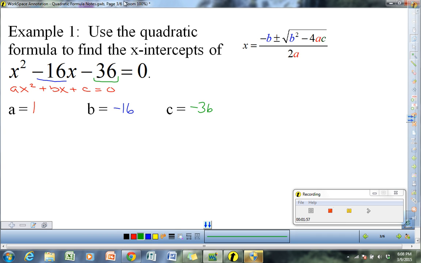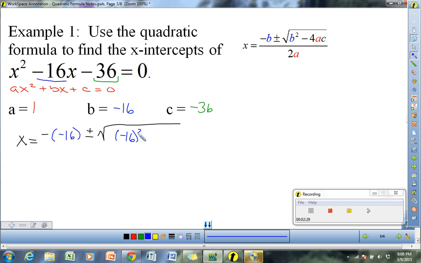So when we plug into our formula, we're going to replace all of our a's, b's, and c's. So I have x equals negative, our b is negative 16. Whenever you plug negatives in, it's always good to have parentheses. Plus or minus, that's just a symbol that means that we're going to add and subtract the square root of negative 16 squared for my b.